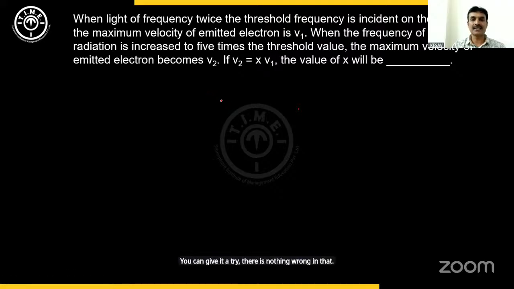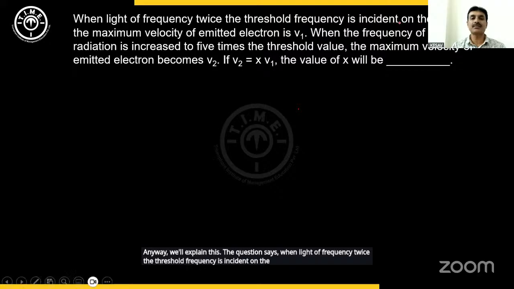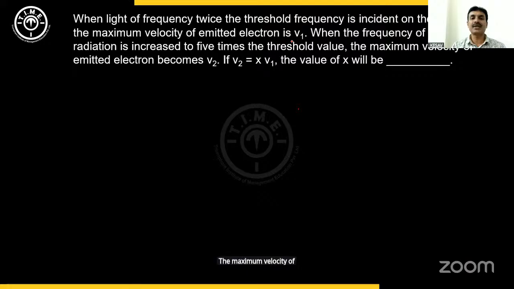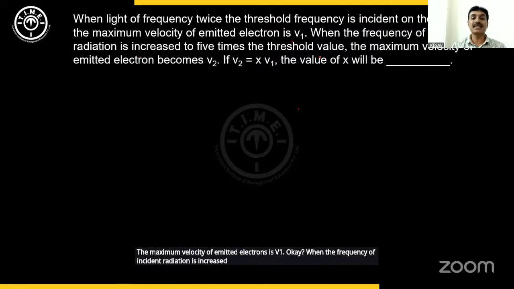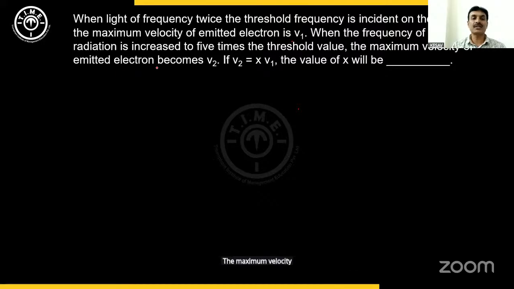Anyway, we'll explain this. The question says, when light of frequency twice the threshold frequency is incident on the metal surface, metal plate, the maximum velocity of emitted electrons is V1. Okay. When the frequency of incident radiation is increased to 5 times the threshold value, the maximum velocity of emitted electron is V2.